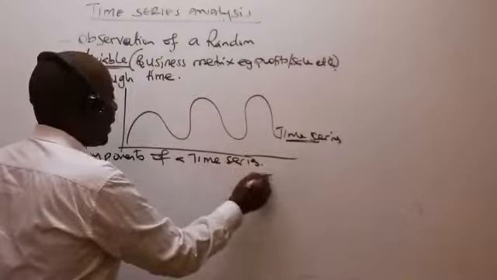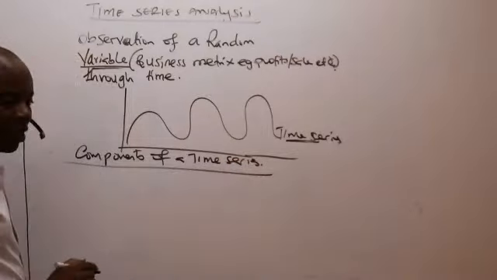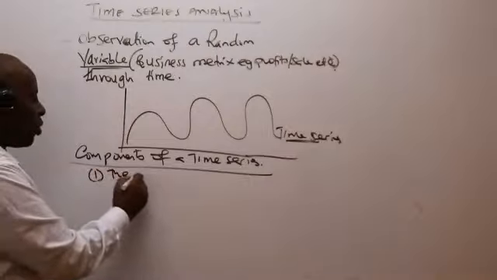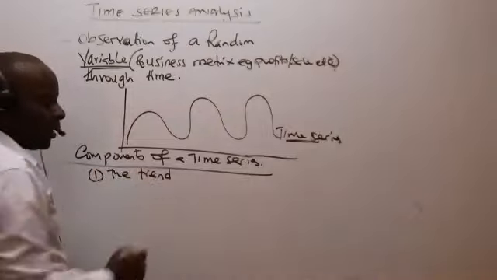Now from there, ladies and gentlemen, we go straight away to what we call components of a time series. Number one, we have what we call the trend.